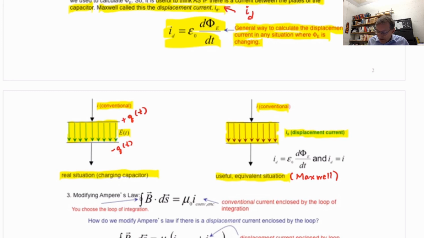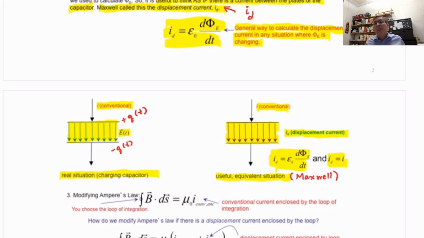The way to calculate that displacement current in that region between the plates is to take epsilon 0 times d phi_E dt. And when you account for all the displacement current between the plates, you will discover that the displacement current between the plates, I_D, is equal to the conventional current, I, in the wires that are carrying the charge that's charging the capacitor.